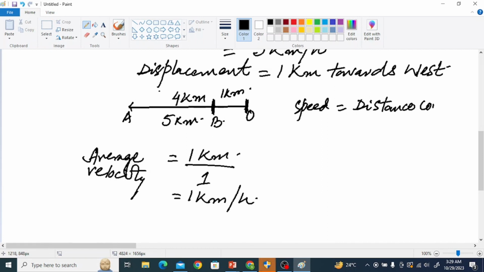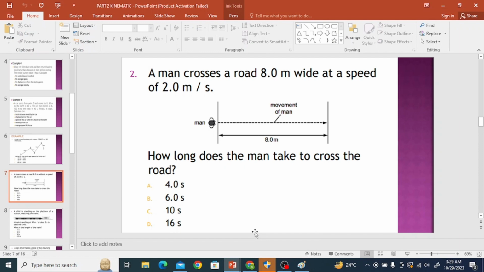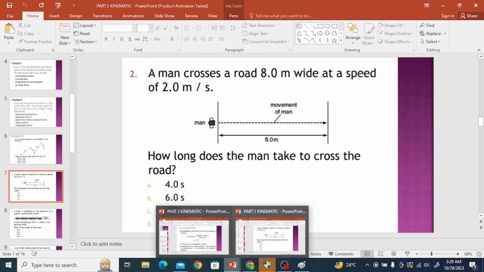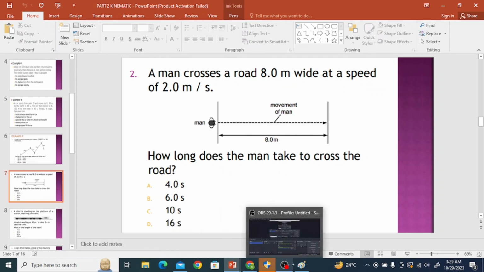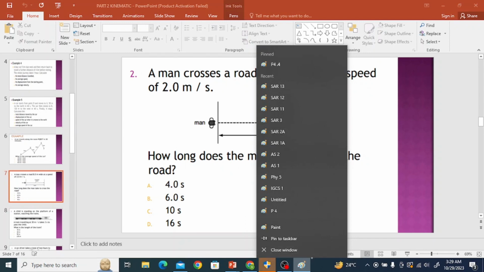Distance covered over time taken, and we are given here the total distance covered as 8 meter, and along with this distance covered of 8 meter, we are given the speed of the man as 2 meter per second.